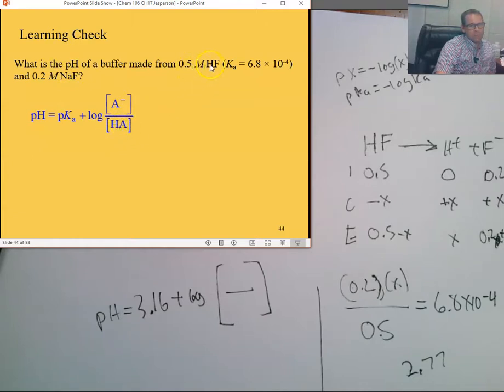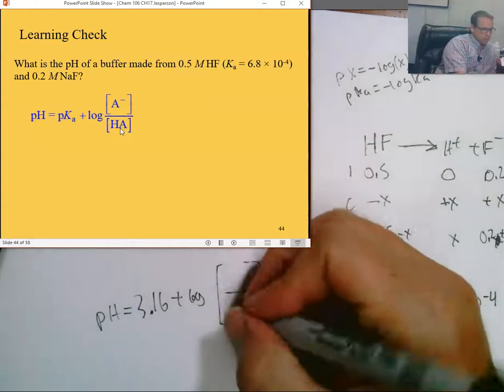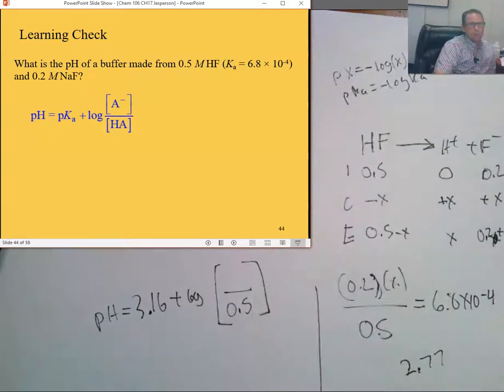Isn't that the 0.5? Yes, because that's the associated form, HA, HF, right? So the 0.5 goes down here, and this A minus, could that be this 0.2? Yeah, because if I put 0.2 molar sodium fluoride, I'm going to end up with 0.2 molar fluoride ion, which is the conjugate base for this acid, right?